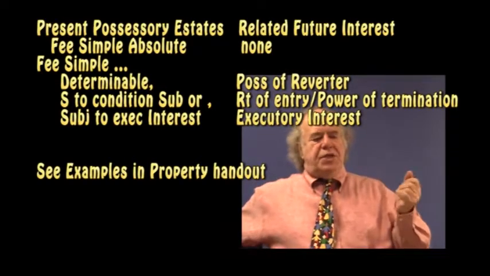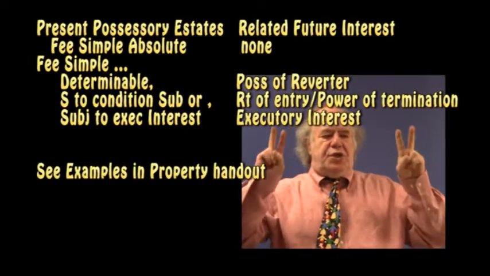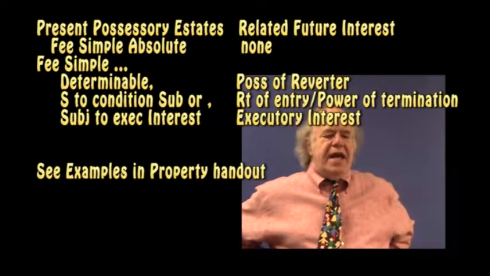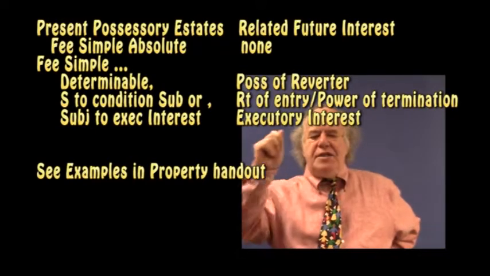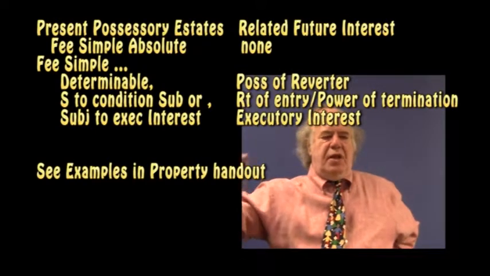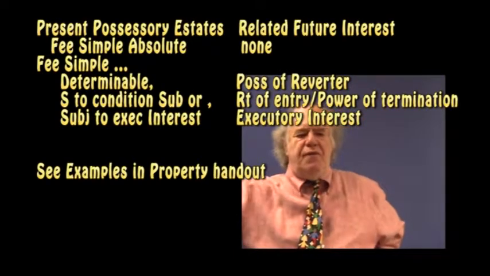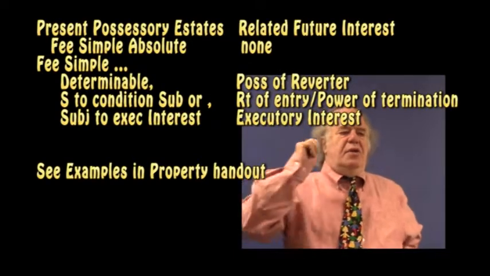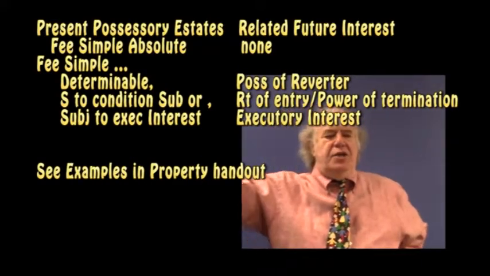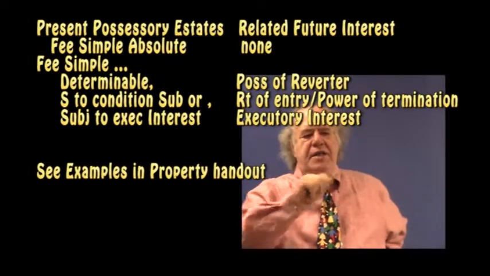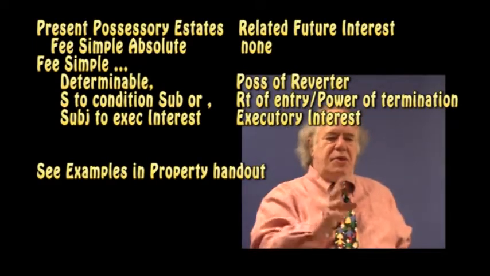They're going to use language where the person who has a fee simple absolute transfers, quote, to A and his heirs, so long as the property is not used for the sale of alcoholic beverages, so long as the land is used only for farming purposes, to A and his heirs while it is used for farming, to A and his heirs during the period when no alcohol is served on the premises.